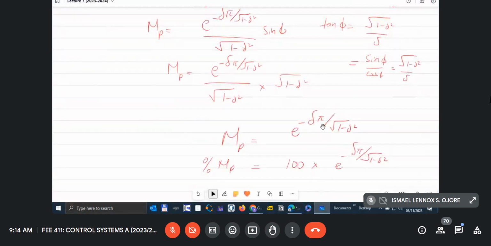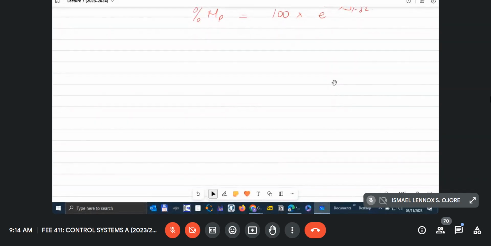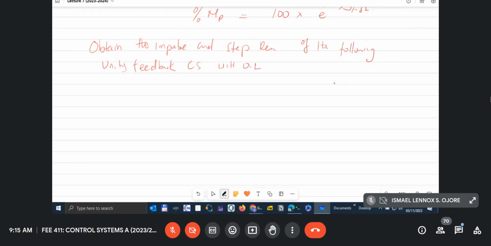So just to move to questions, you are told to obtain the impulse and step response of the following unity feedback control system with open loop transfer function G(s) equals to something.